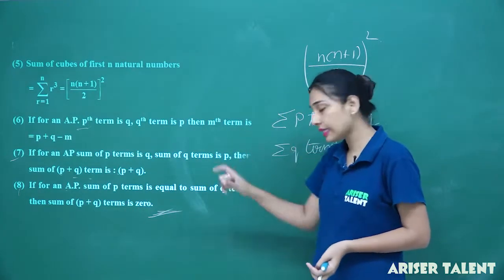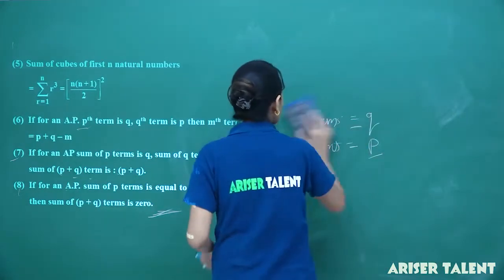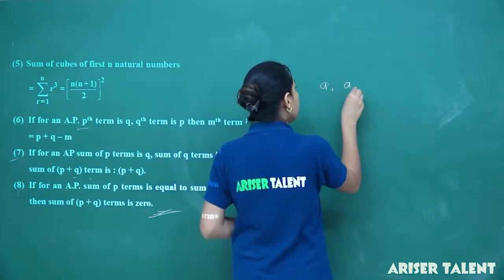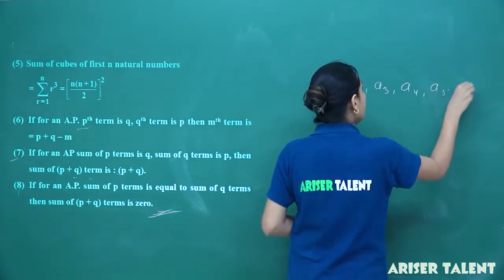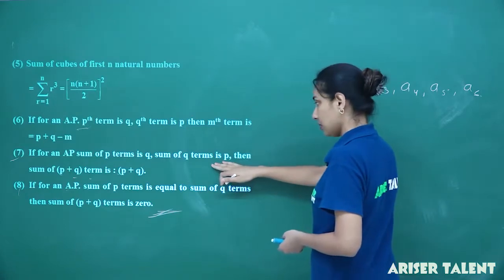We are having a single AP here like A1, A2, A3, A4, A5, A6. Now it's telling us the sum of p terms is equal to the sum of q terms.